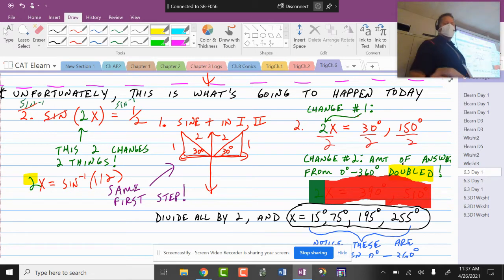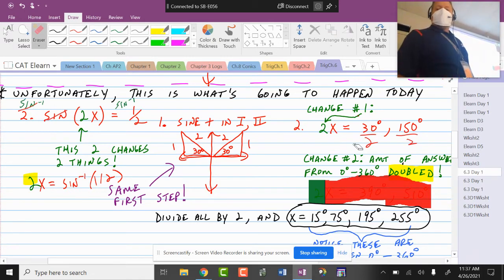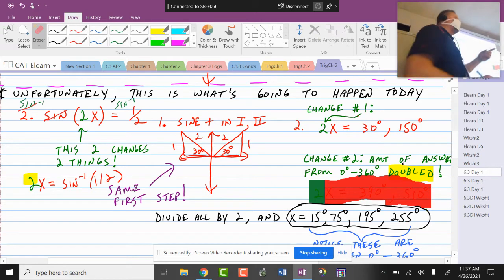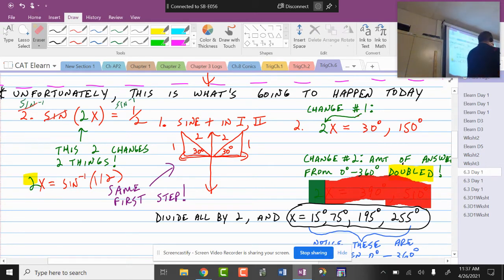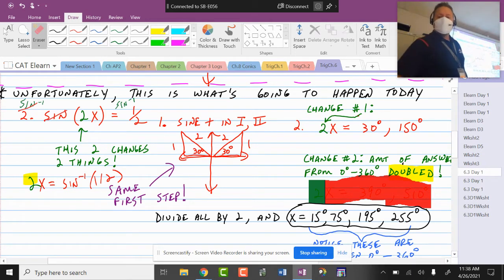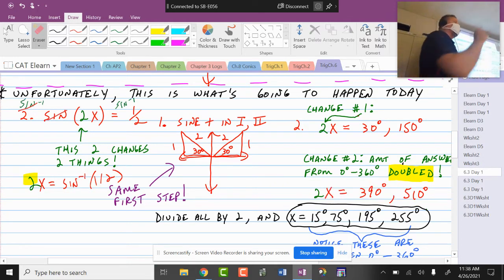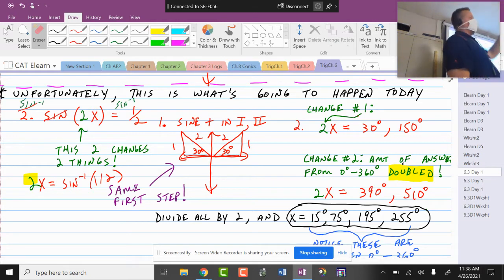This is what you're going to do about it. You're going to come up with two more answers that actually work that are related to 30 and 150, and that is by simply adding 360. Isn't 390 in the same place as 30 degrees, correct? And isn't 360 plus 150 also a valid answer? It's just not between 0 and 360. So all you're going to do is add 360 once to each answer, and then that's also what 2x equals.